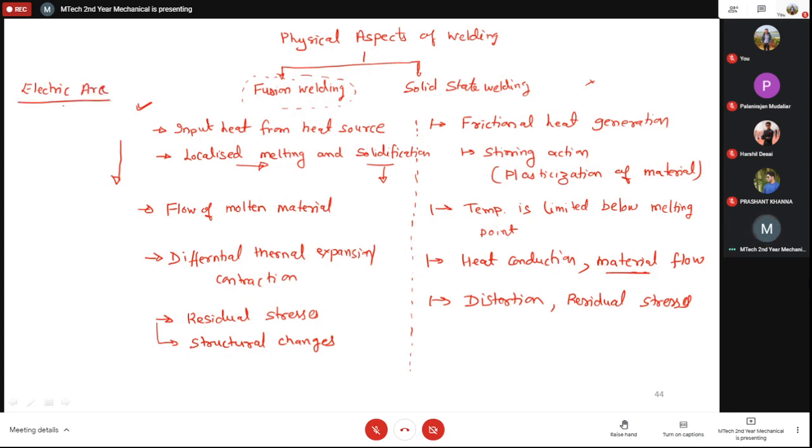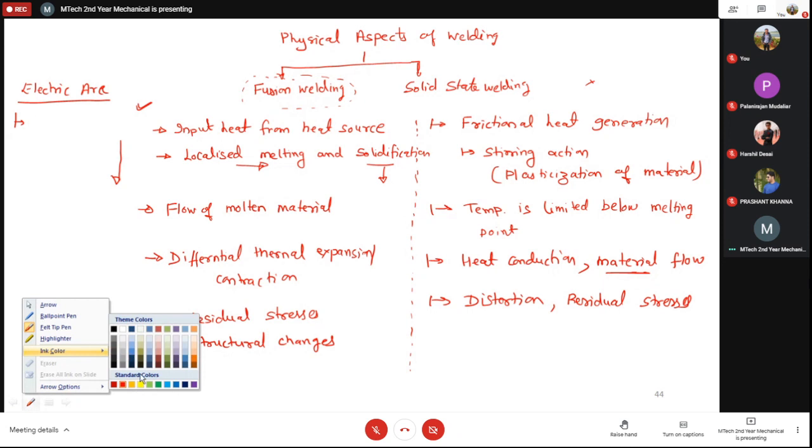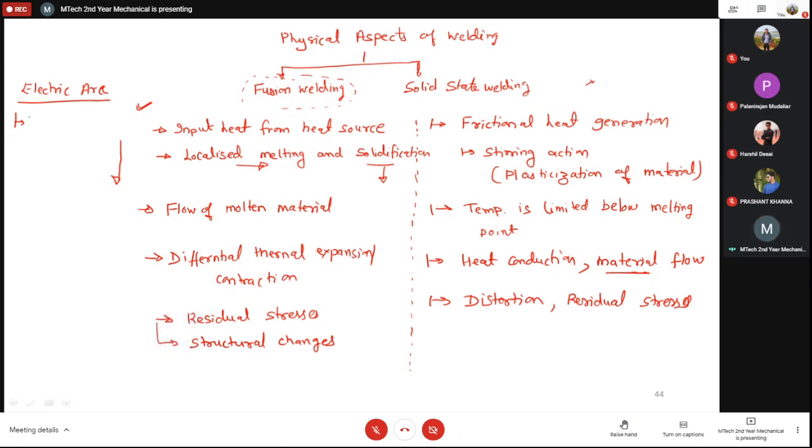Okay, so we know here that an electric arc is produced. Some of the properties of the electric arc: it is between the electrodes, which are electrically conductive.